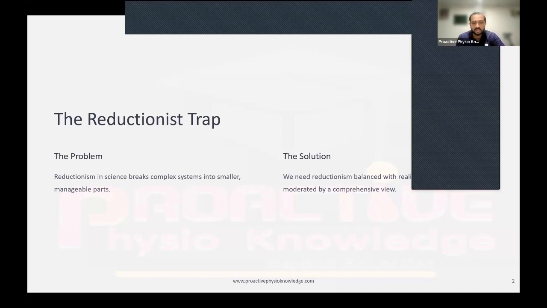However, this reductionist approach can cause us to lose sight of the bigger picture and the interconnection with the whole movement pattern. To avoid this trap, we need to balance reductionism with a more comprehensive approach. We need to see the movement from a holistic view.